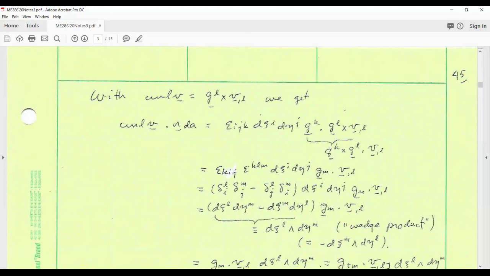And now I have another permutation, epsilon^klm g_m, and then I dot with V comma l. So that's a lot of summation going on, right? I've got a sum on k, i, j, l, m. So that's an enormous number of separate terms appearing in this sum, in this line here.